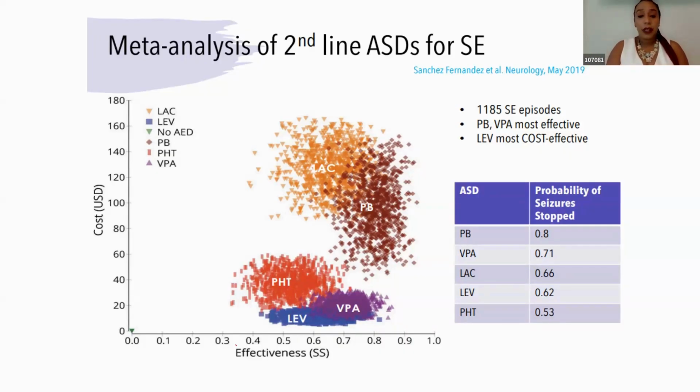I personally really like Keppra. I tend to load my patients with that when they come in with status because I don't have to worry about a lot of side effects, and I don't have to worry about renally dosing it. And again, for all these medications, you don't have to worry about renally dosing them when you're loading.